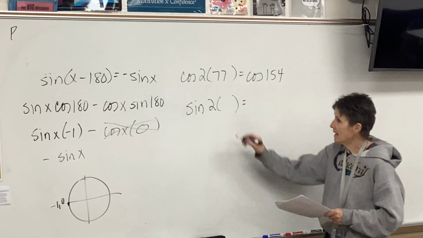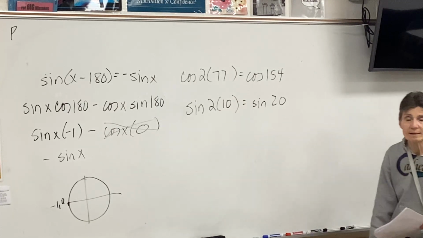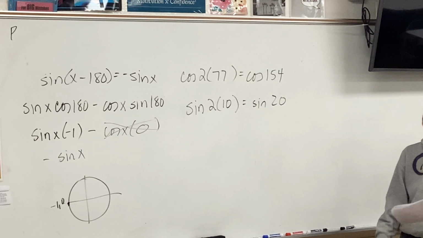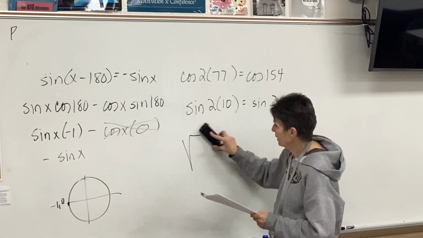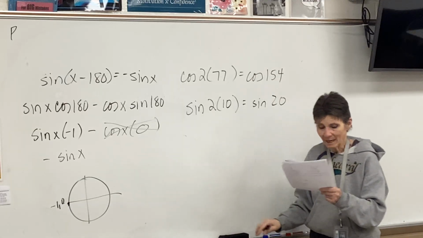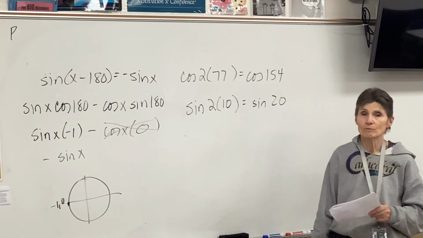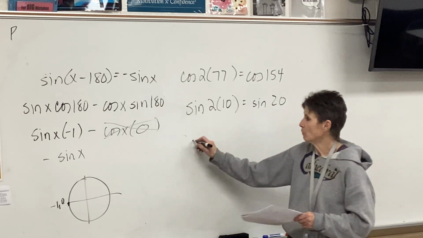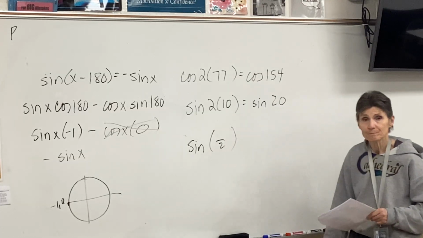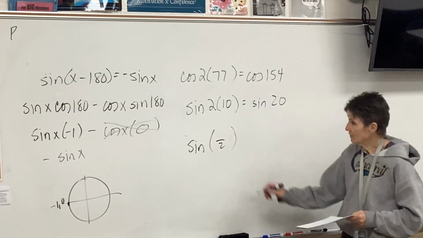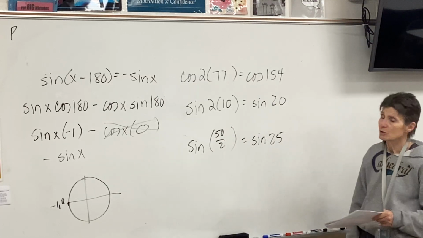And the angle is 10. So that's a formula for the sine of 20. Square root of 1 minus cosine over 2 is a formula for the sine of half of the angle. The angle is 50, so that's a formula for the sine of 25.